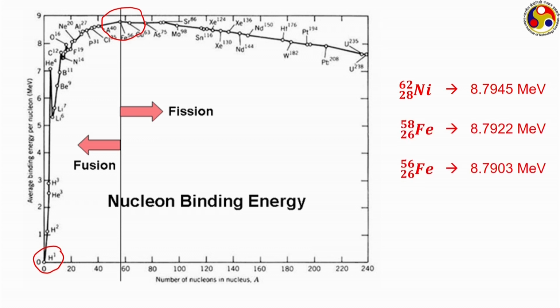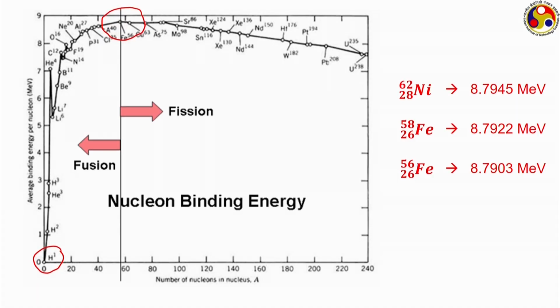Two isotopes of iron are also not far behind, iron 58 and iron 56, their values are also very close. So, this particular group of isotopes which generally corresponds to iron, nickel, cobalt, etc., having mass number around 60, are characterized by the highest possible binding energy per nucleon, and therefore, they are the most stable nuclei that we can have from a nuclear reaction point of view.